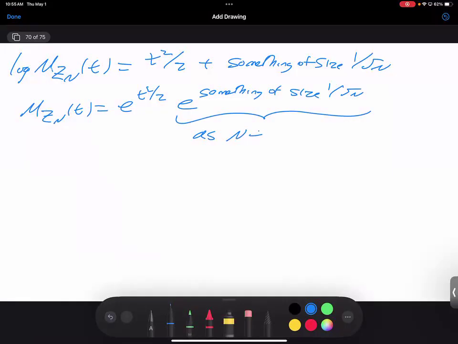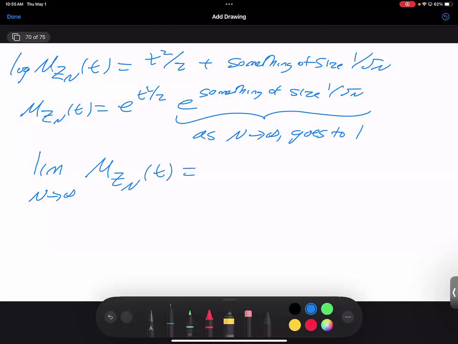So as n goes to infinity, this is going to e to the 0, and what does e to the 0 go to? 1. So the limit as n goes to infinity of the moment generating function of Zn of t is e to the t squared over 2, which is the moment generating function of the standard normal.